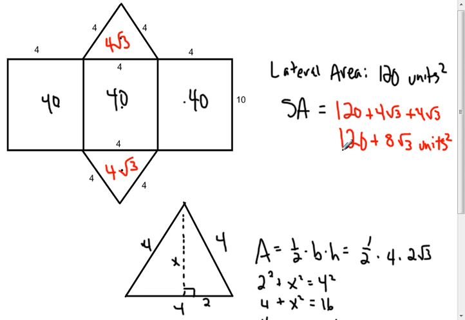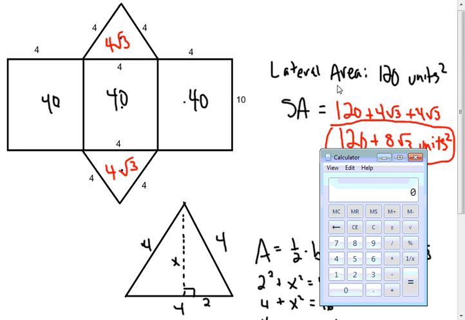Now we can't do anything more with this because these are not like terms, so we have to leave it like this if we want the exact answer. If you want a rounded answer, we would just take 8 times root 3, and then add that to 120. So let's take a look at our calculator. We take the square root of 3 times 8. We get about 13.86, and then we add that to 120.